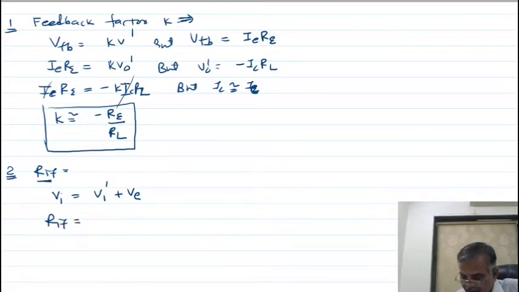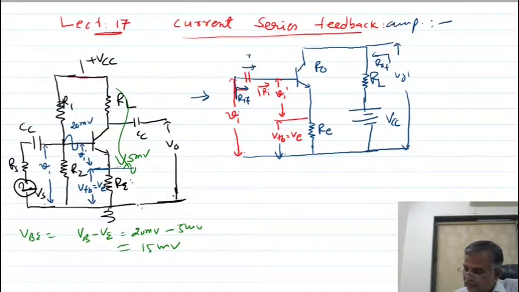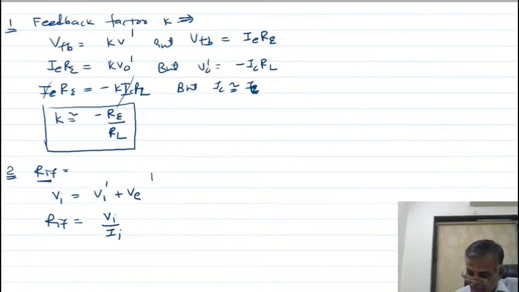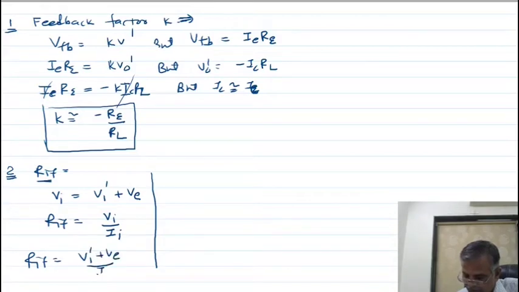RIF you can write as VI upon current, you can see the circuit. This is the current I have written. So VI upon RI, can you see here? So put this value. RIF is nothing but VI dash plus VE upon current.